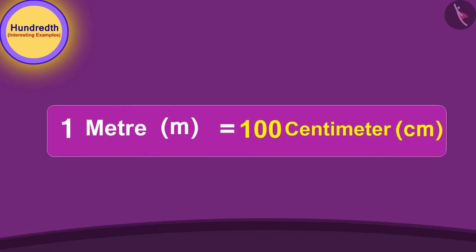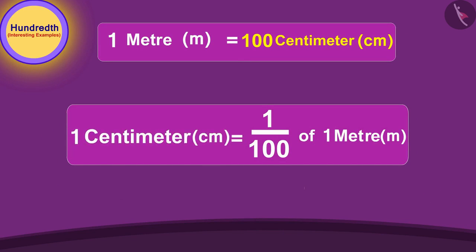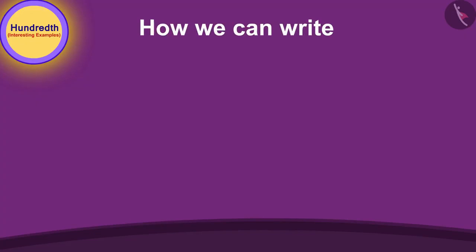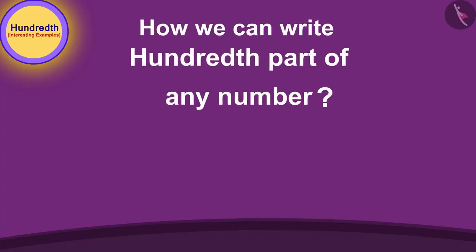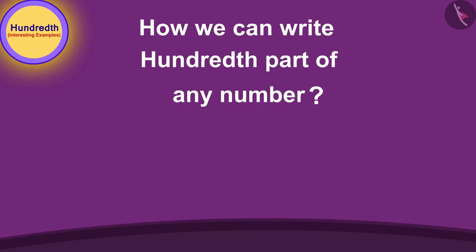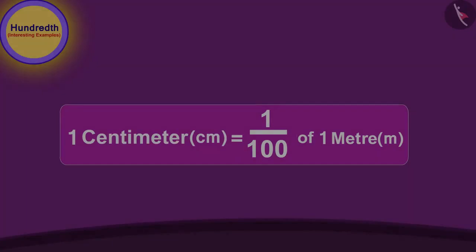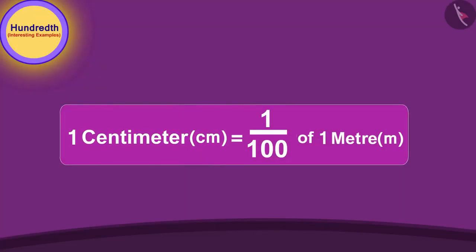It means 1 centimeter is 1/100th part of a meter. Let me tell you how we can write the 100th part of any number using decimal point. A centimeter is 1/100th of a meter.